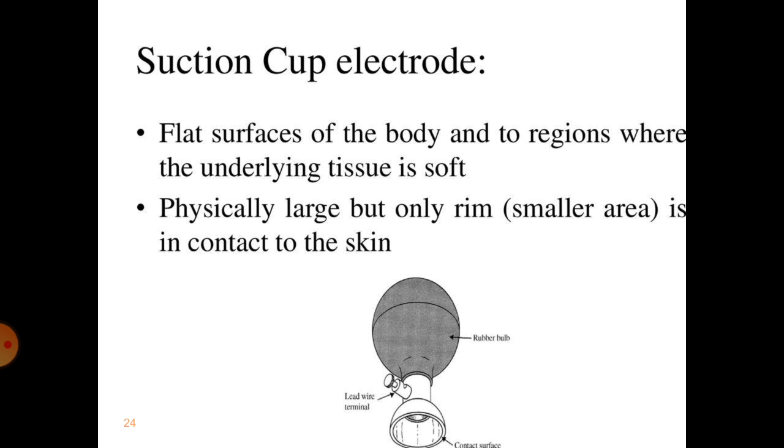Since the tissue is very soft, this is useful for measuring the potential, so in that case we use suction cup electrodes. This diagram shows the suction cup electrode.